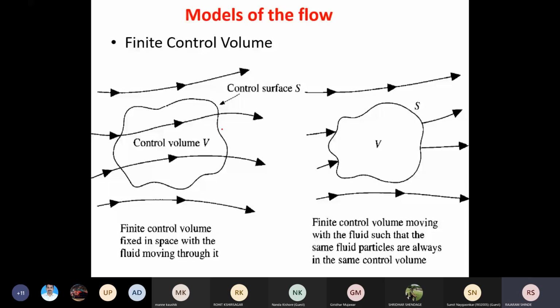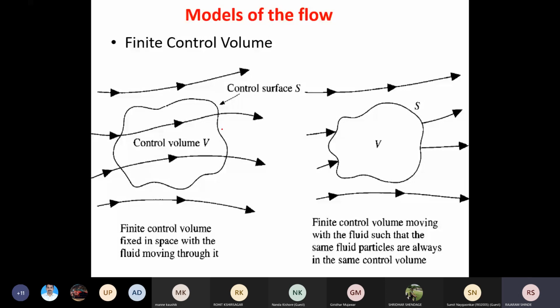Okay. Now next is your finite control volume moving with the fluid. Now in the first case, the volume of the control volume is fixed, and the fluid going outside or coming inside this control surface is changing.